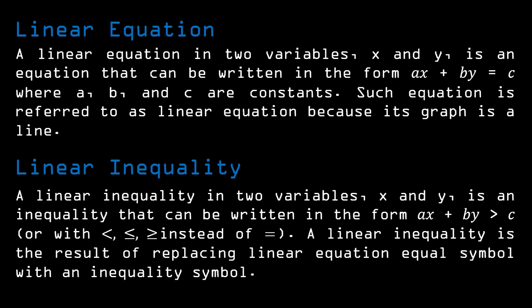Okay, so a linear inequality is the result of replacing the linear equation's equal symbol with an inequality symbol. Okay, so now let's have a recall on how we graph linear equations and linear inequalities. And before that, let's have the different concepts to consider when it comes to linear programming.